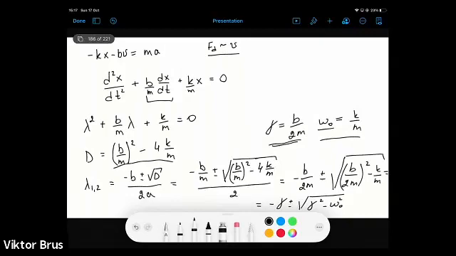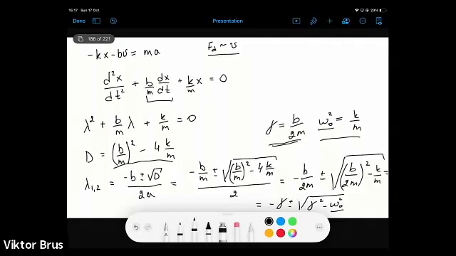Yes, yes. So here we need to write either that omega is equal to the square root of k divided by m, or omega naught square is equal to k divided by m. You are right, because here we have omega naught square.